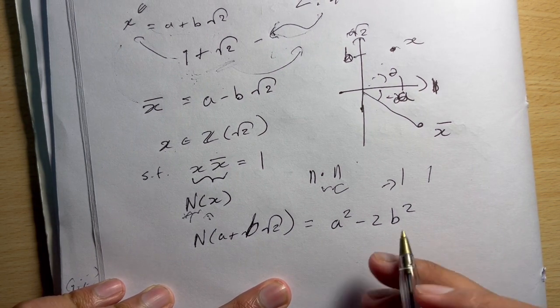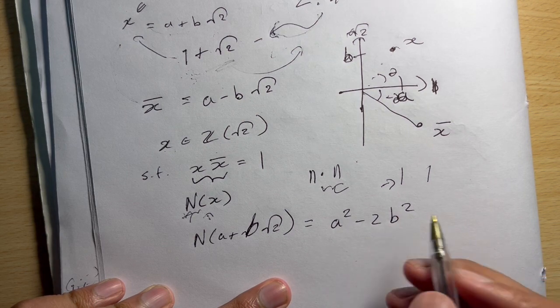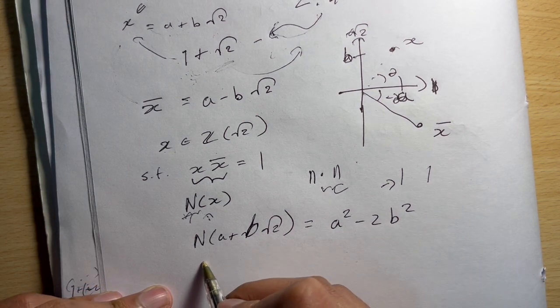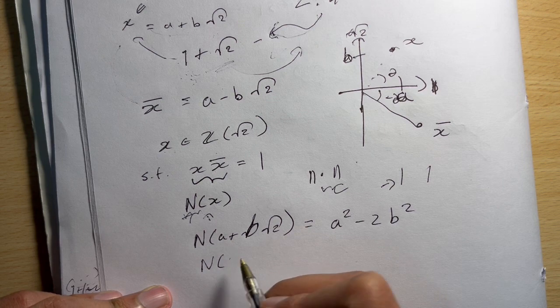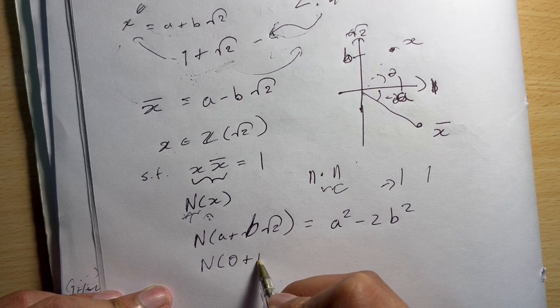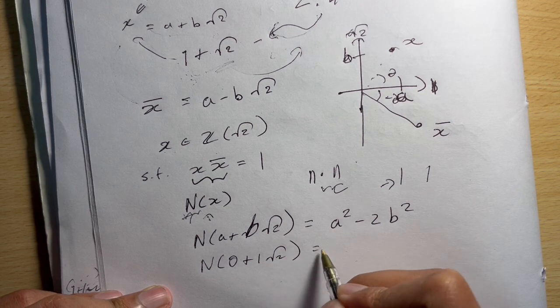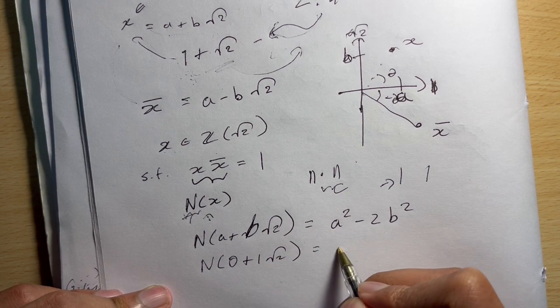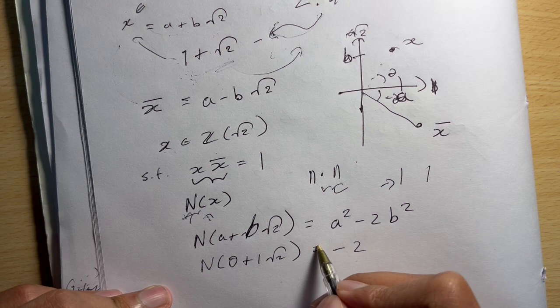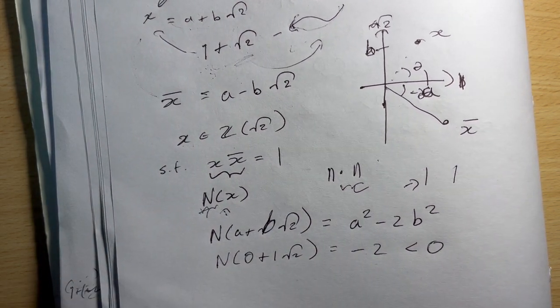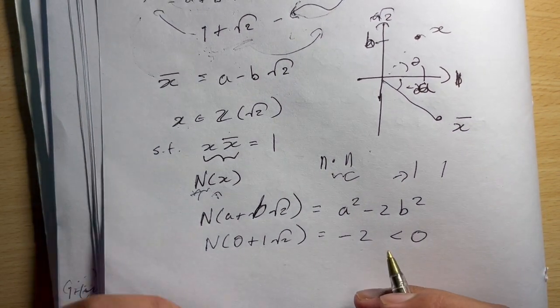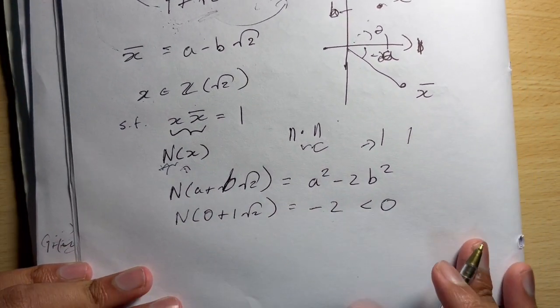Even if a is 0 and b is 1, we have that this is minus 2, so it's less than 0. So this norm doesn't have the property that it's always positive.